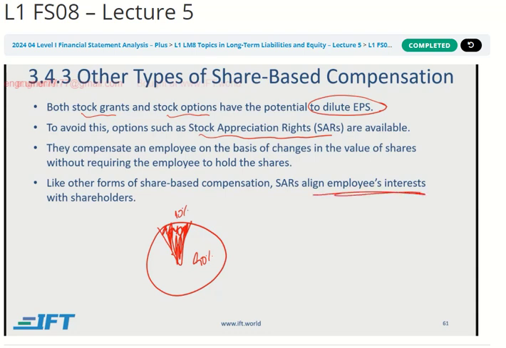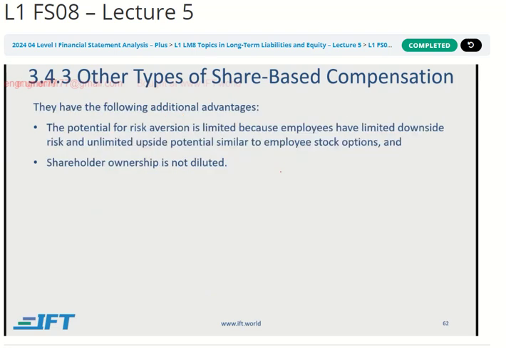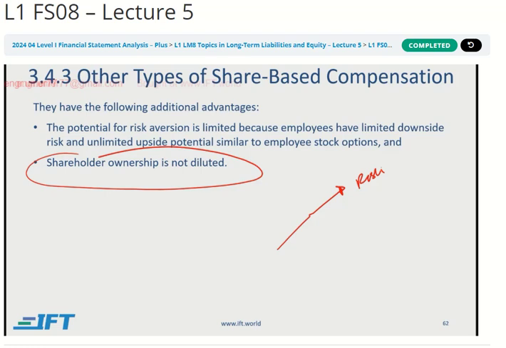So it does align the interest of the employees with the shareholders, because the employees also want the stock price to go up without requiring them to hold the shares. So stock ownership is not diluted, and the potential for risk aversion is limited as well, because in the case of stock grants and stock options, we saw that employees might either become too risk taking, because they want the share price to go up, or they might become too risk averse because they don't want the stock price to go down.